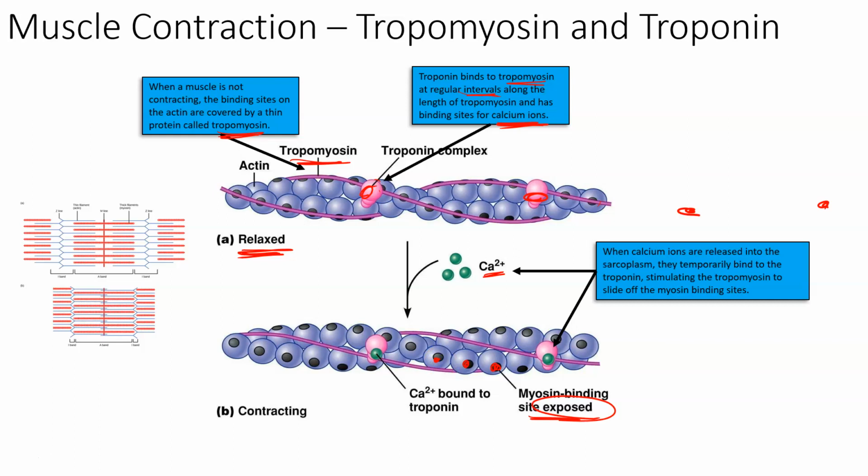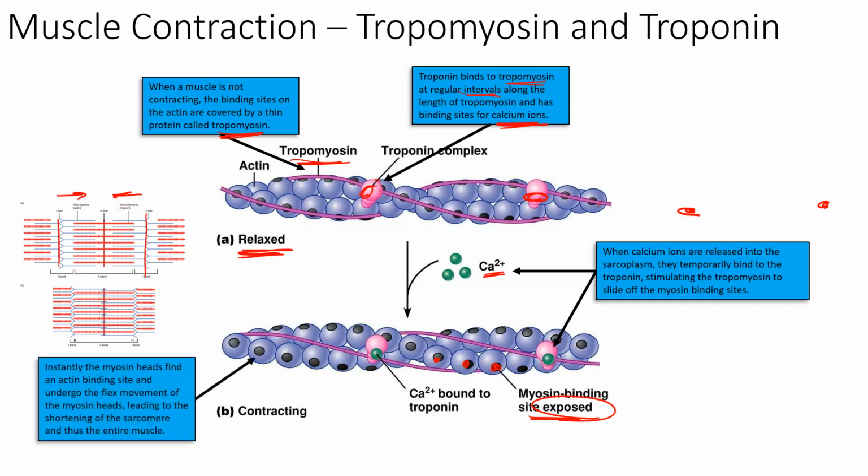When they bind, it allows the myosin to start moving the actin filaments and bringing those Z lines in towards each other, which shortens the muscle fiber, which contracts the muscle. Okay? Instantly, the myosin heads find an actin binding site and undergo the flex movement of the myosin heads, leading to the shortening of the sarcomere and thus the entire muscle.